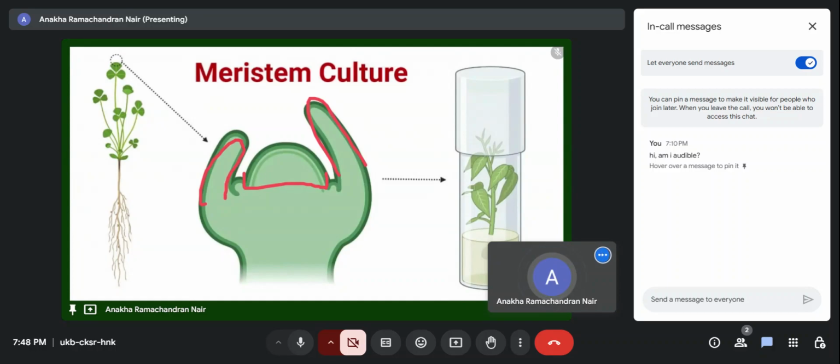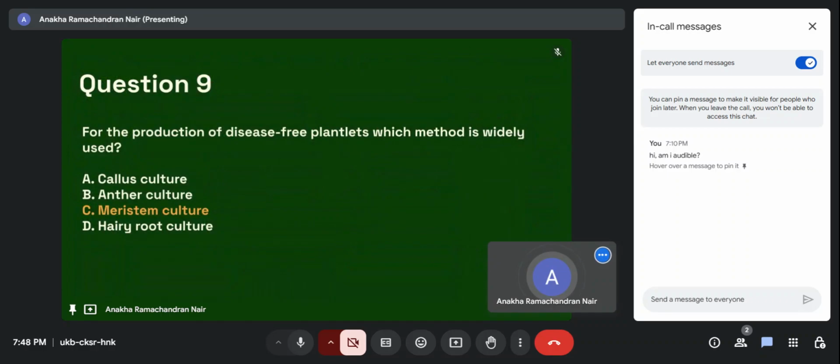This makes them a suitable source for obtaining healthy and disease-free plantlets. Everything else can have the virus, so that is why the others are not the correct answer, and the correct answer is meristem culture.